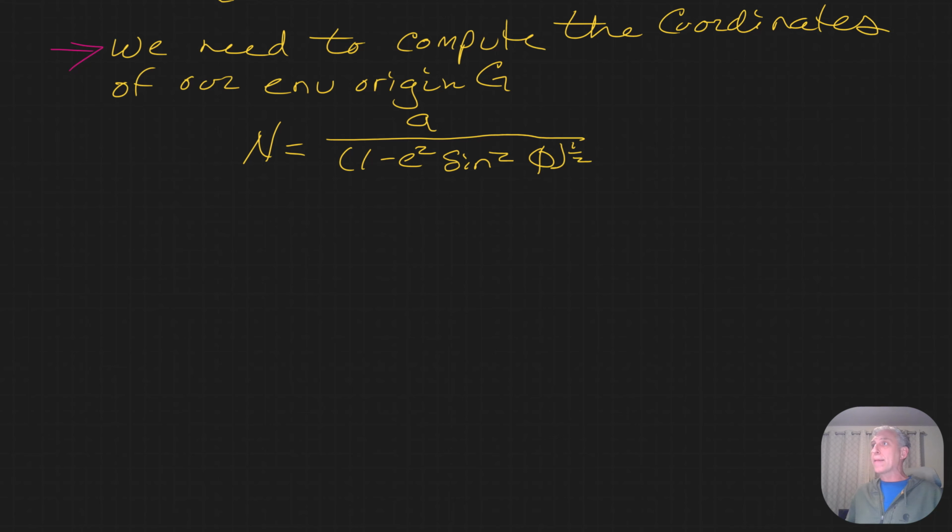Once we have that, then we can easily get x, which equals n plus h. We have h. We now have n times the cosine of the phi of our origin times the cosine of lambda of our origin.